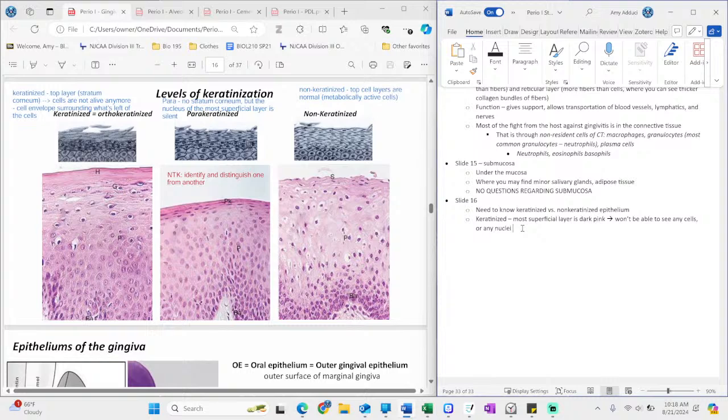Now, compared to the non-keratinized, here, the first thing you see is that the most superficial layer is not darker than the others. Look up here. This is darker than this area here. But in this one, there is not a very dark area.